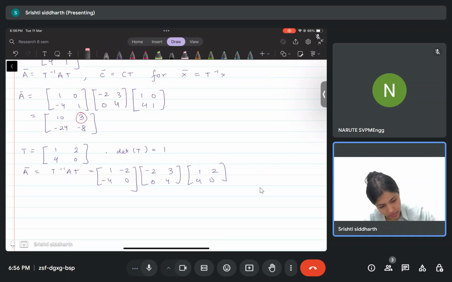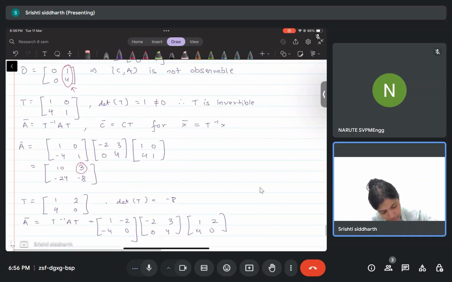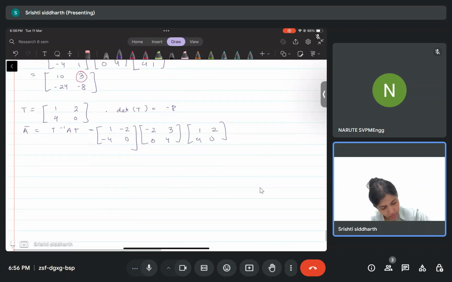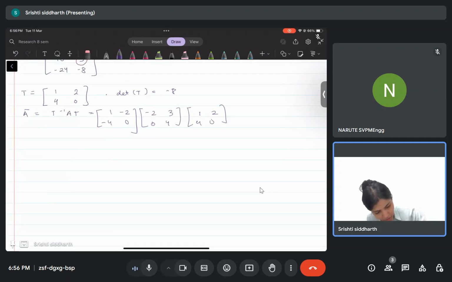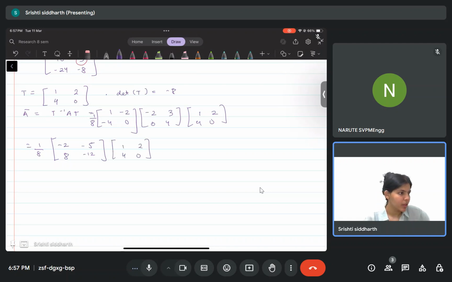We can calculate this and then write down the matrix directly.